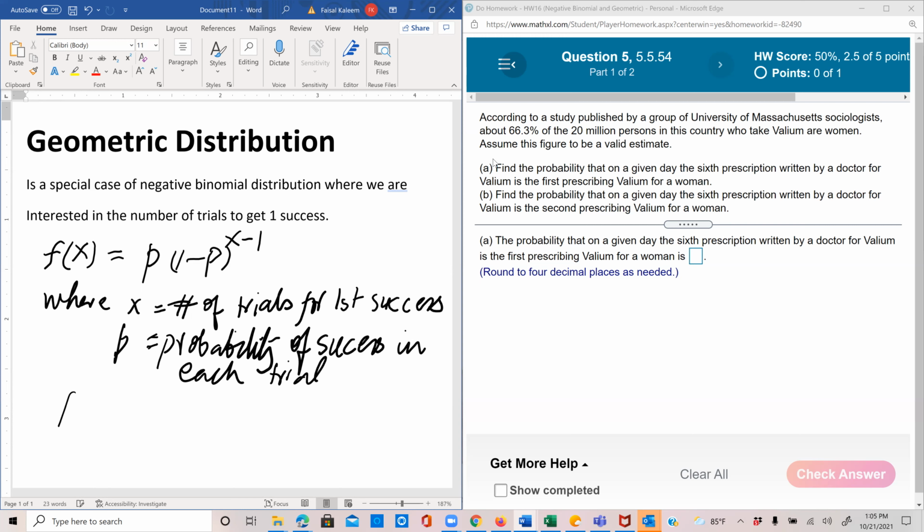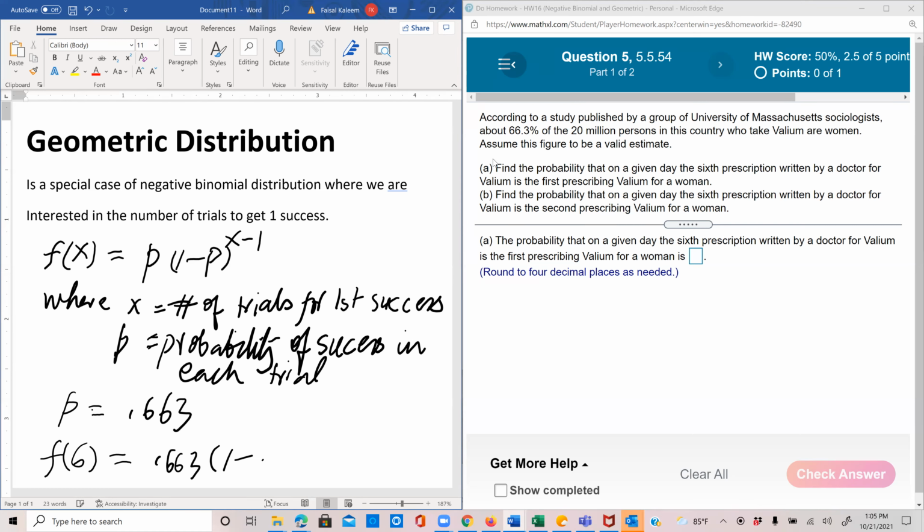So the probability that the prescription of Valium is for women is 0.663. And so we want the sixth prescription to be the first one. So x is 6. f of 6 equals p, which is 0.663, and then 1 minus 0.663 power x minus 1, so power 6 minus 1.